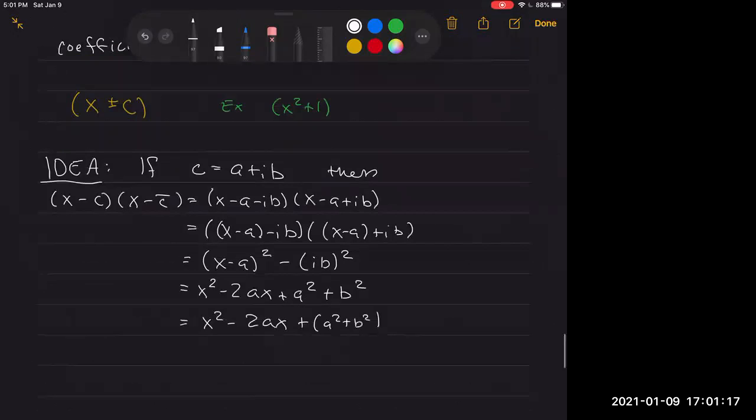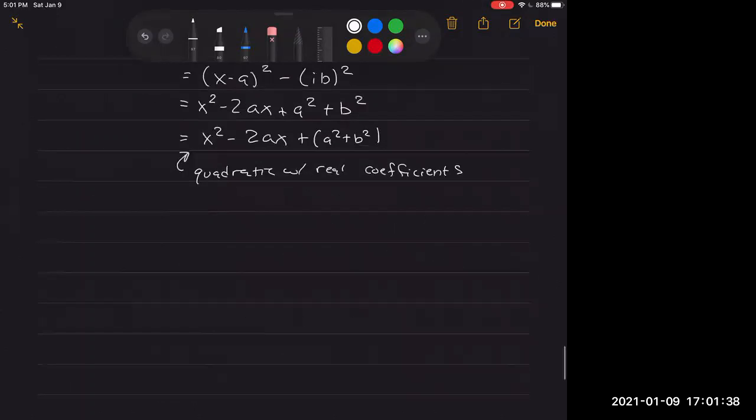This is a quadratic with real coefficients. So as long as our polynomial has real coefficients, it can be factored into something that stays with real coefficients.